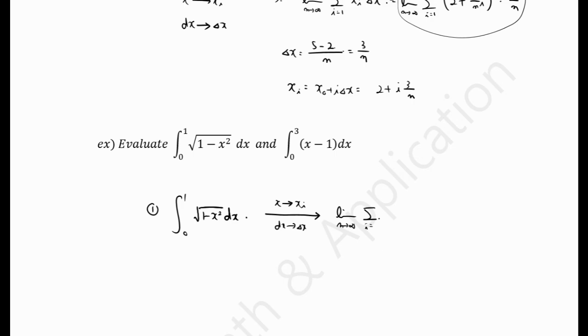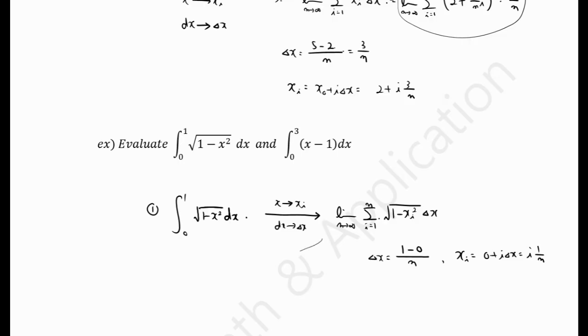Sigma from i equal 1 to n, square root of 1 minus xi squared, delta x. So delta x is the endpoint 1 minus the starting point 0, over n. Xi is 0 plus i delta x, which is i times 1 over n.